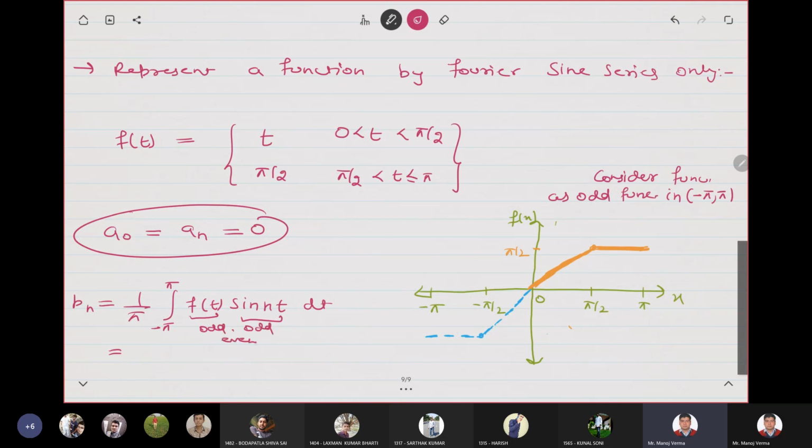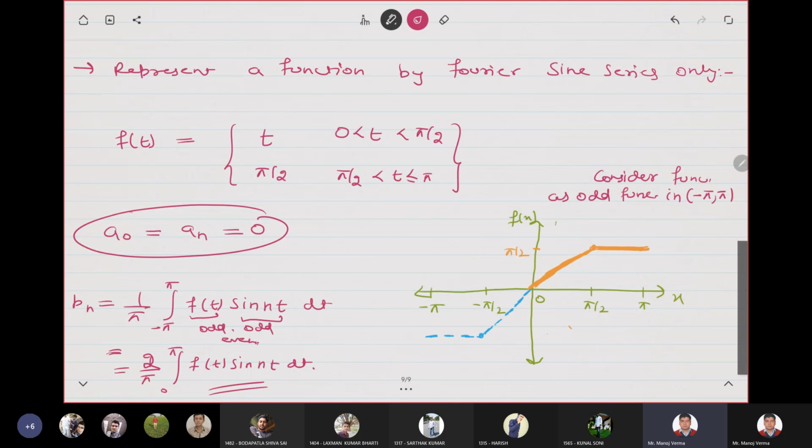And for an even function, I can take twice of this integral and change the limits from 0 to pi, instead of minus pi to pi, of sine nt dt. So this will become my value of bn.